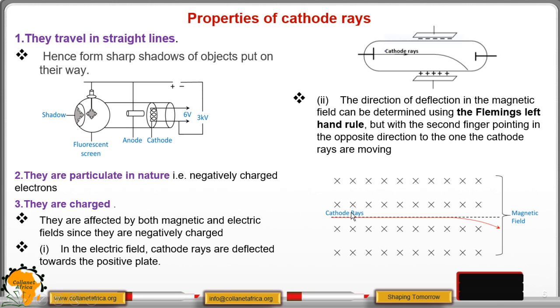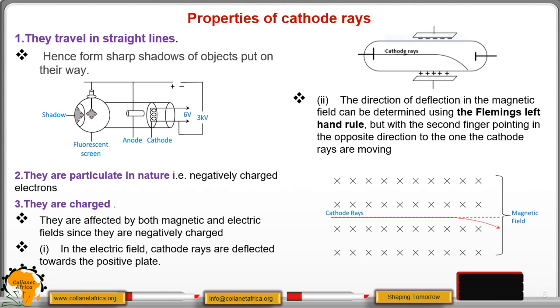Cathode rays are electrons. And if you remember in the simple circuit, we know that electrons always move from the negative terminal to the positive terminal, whereas the current moves from the positive terminal. So in other words, the direction of current and that of electrons are always opposite.